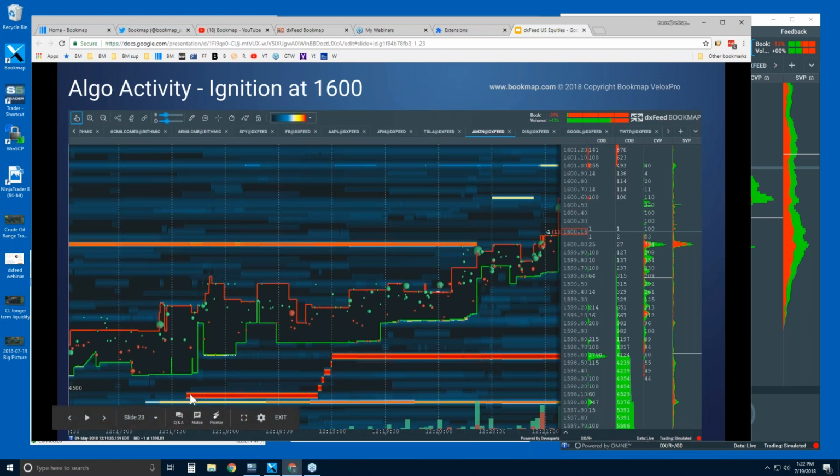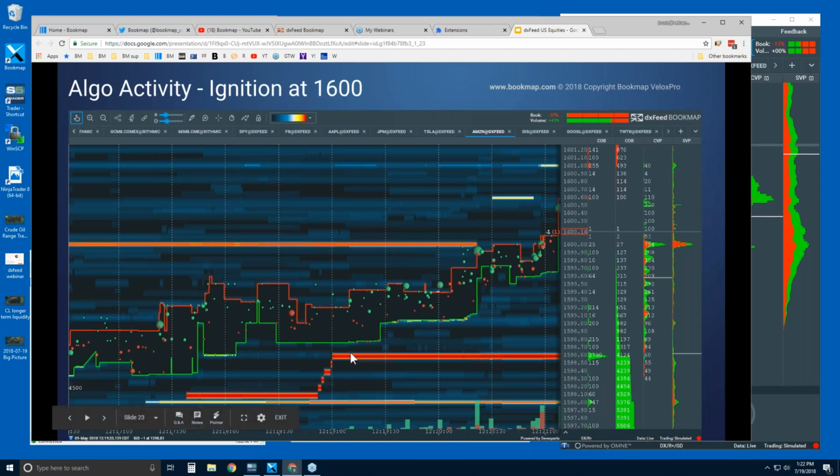Look at the skew in the auction down here. Very, very high liquidity, a lot of demand, a lot of buyers down here. Since we can record all of that liquidity, look how all of a sudden it pulls here and adds higher, pulls, adds higher, etc., up into 1598, and then it stays there.